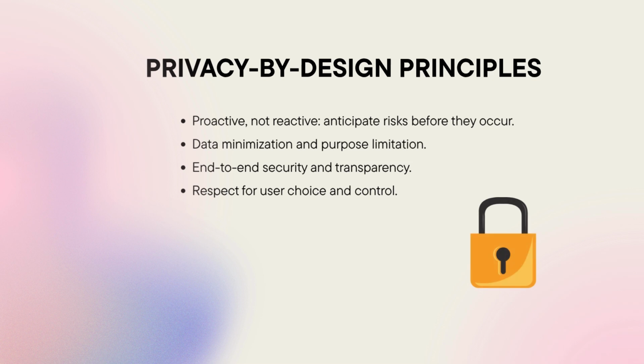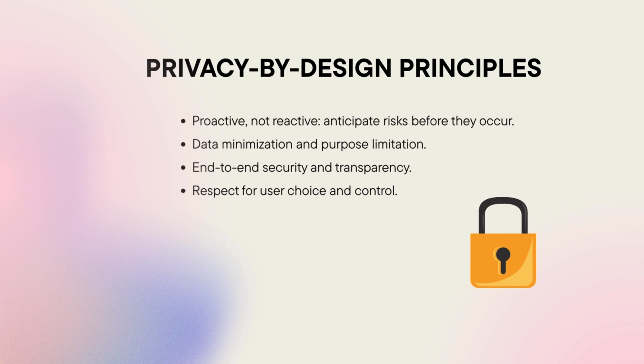Privacy by design principles. The privacy by design philosophy encourages foresight. It's about building privacy into every layer of technology and process. Data minimization ensures only essential information is collected. Purpose limitation ensures it's used solely for intended goals.